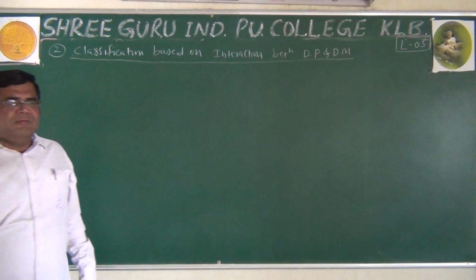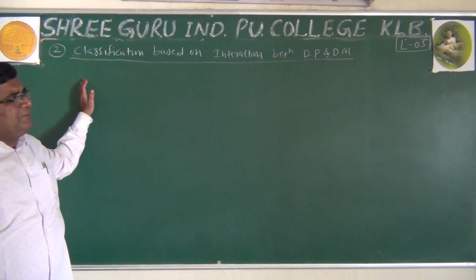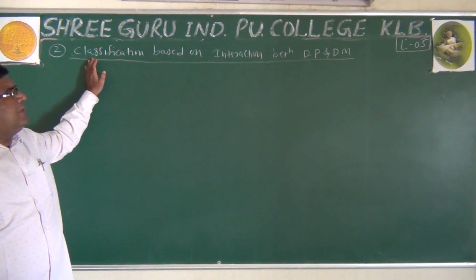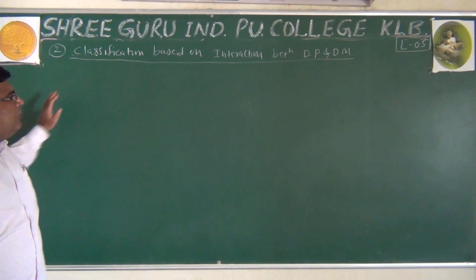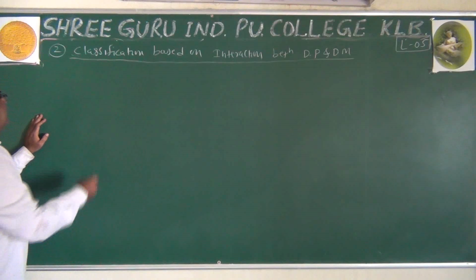This is one of the frequently asked questions, the classification based on interaction between DP and DM. In this case we have two types of colloids.